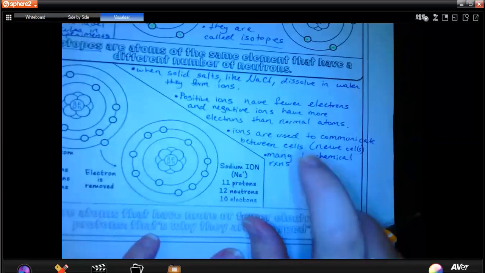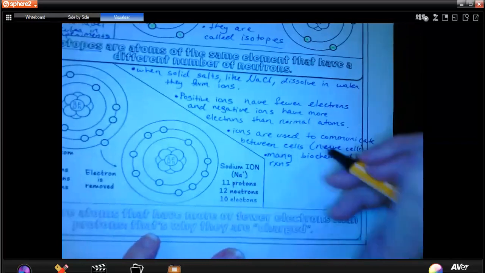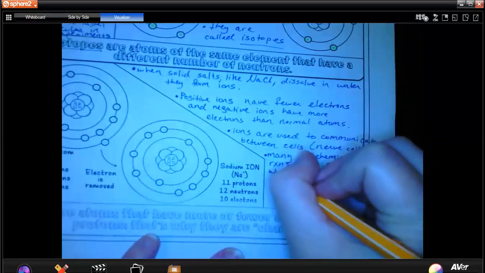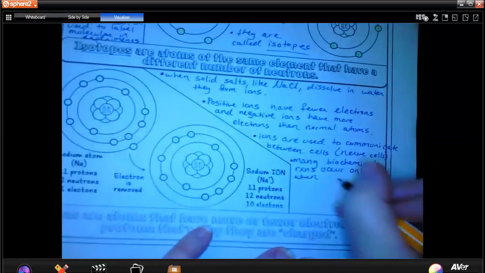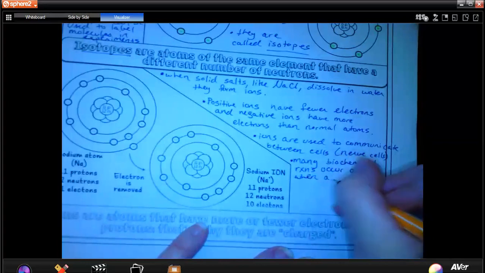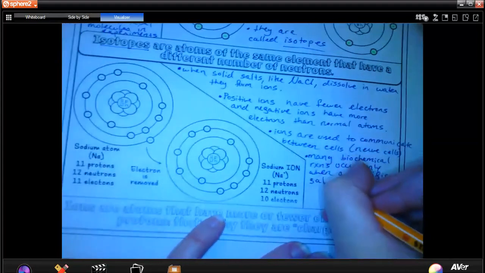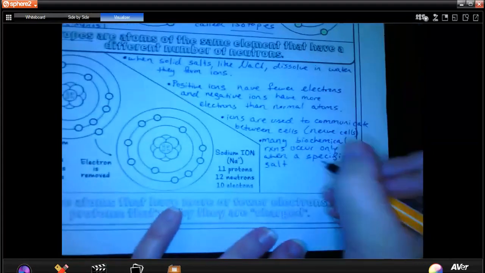So anyway, reactions occur only when a specific, I'm going to say because it's a smaller word, specific salt. And here's another shorthand.